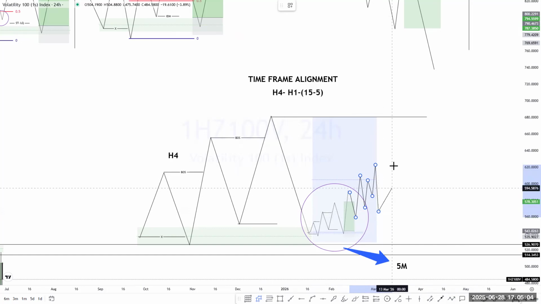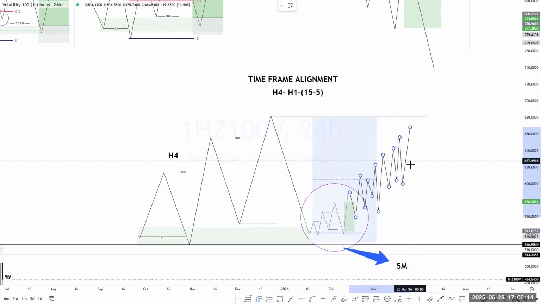Sometimes price has to do one crazy pullback like that. You'll be asking why now? So you're going to be looking for trade, price takes you out.